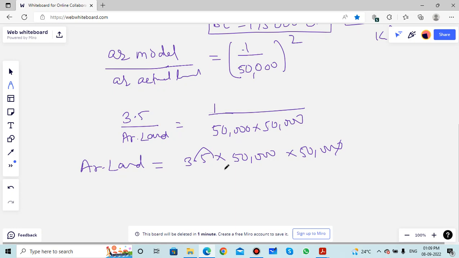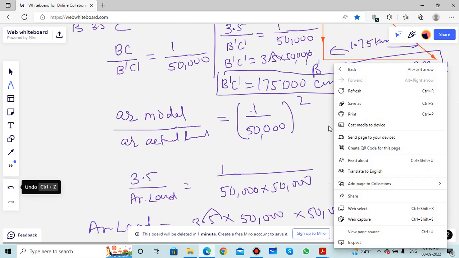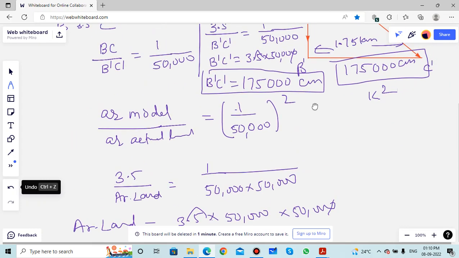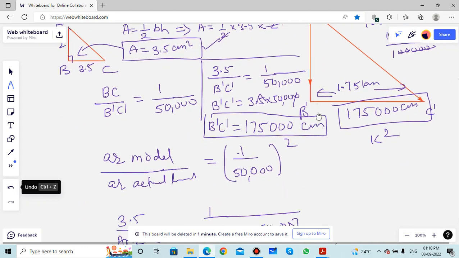Fine. Just give me 1 second here. See, in the question they have given you to find the area in square kilometer.